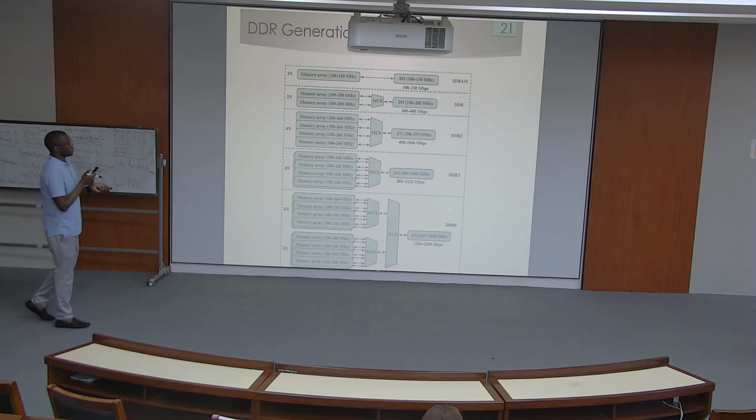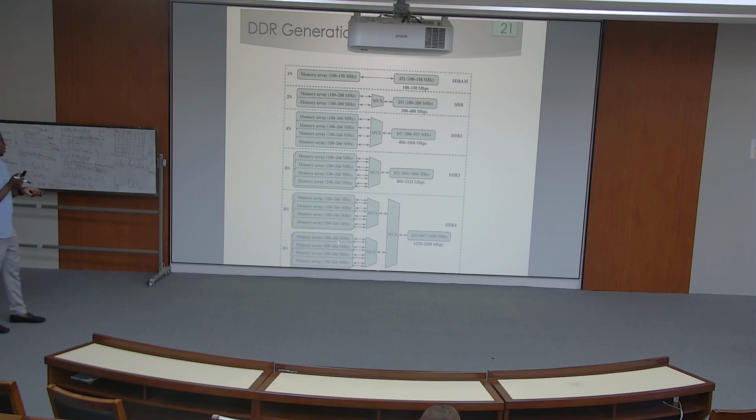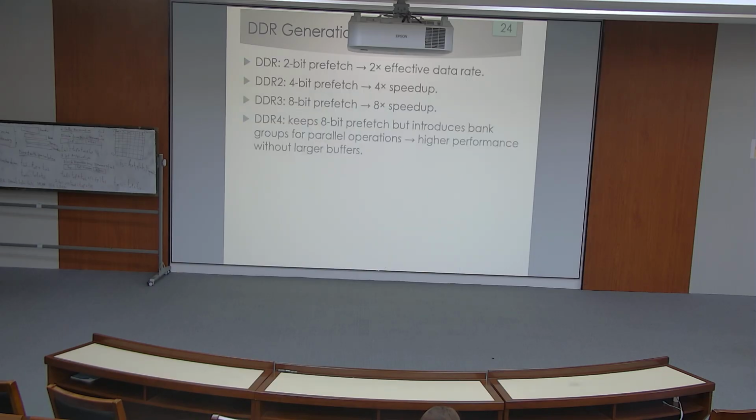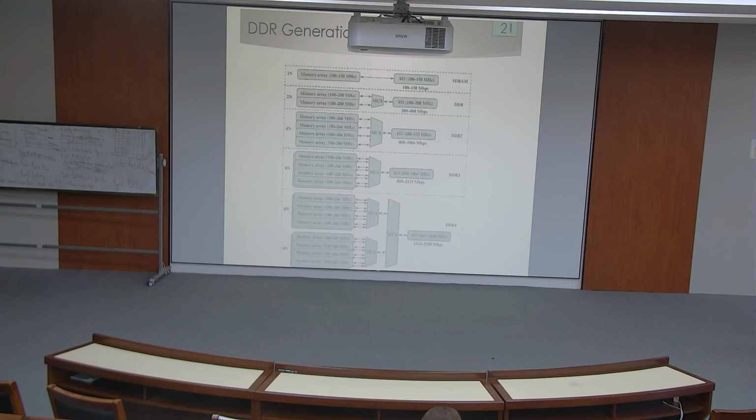This is for the DDR3. For DDR4, there is no change in the number of prefetch bits. We have 8-bit prefetch, like DDR3. The only thing that has been improved is the introduction of the bank group for parallel operations. This will allow higher performance without having very big buffers.